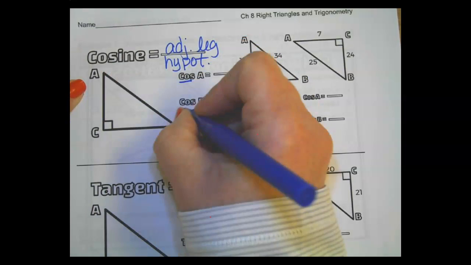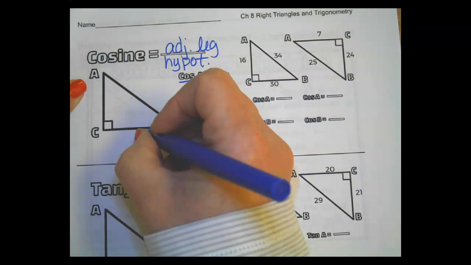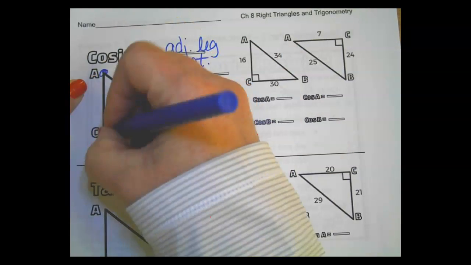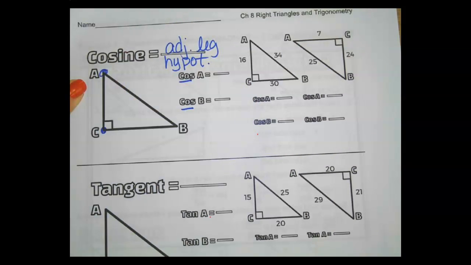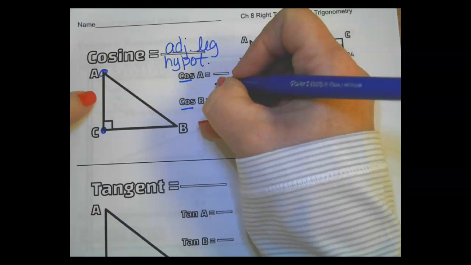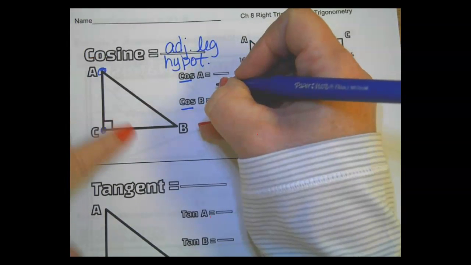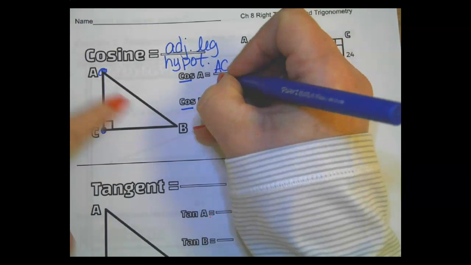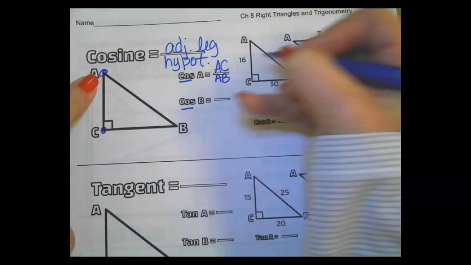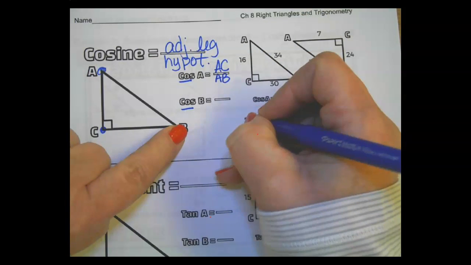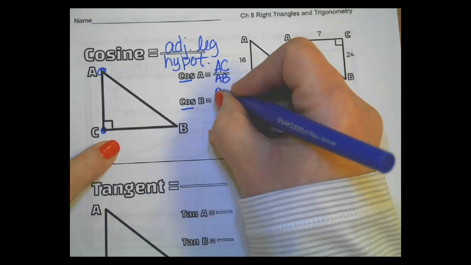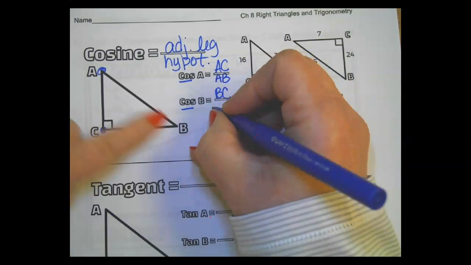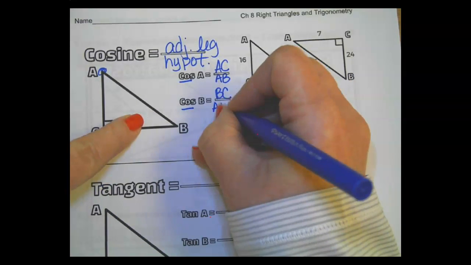You're just changing these to cosine, but my adjacent leg is the one that shares a vertex. So for A, it can't be this one because that's my hypotenuse, and this one is my opposite, so it has to be AC over the hypotenuse. For B, BC is my adjacent and AB is still my hypotenuse.